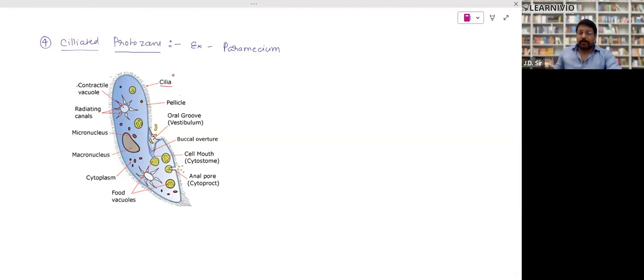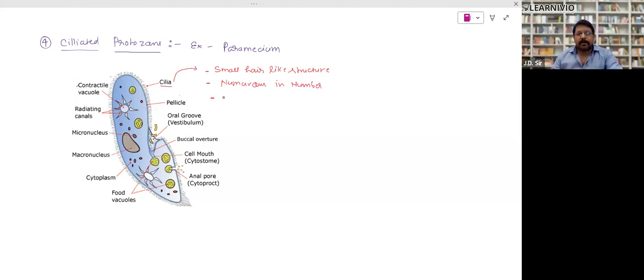Let me first describe what cilia are. Cilia are small hair-like structures and their number is not fixed. They may be numerous in number, they may be millions, billions, or thousands or lakhs, right?